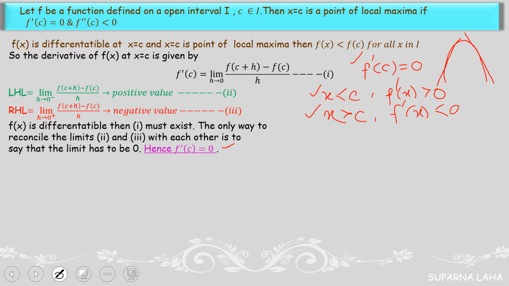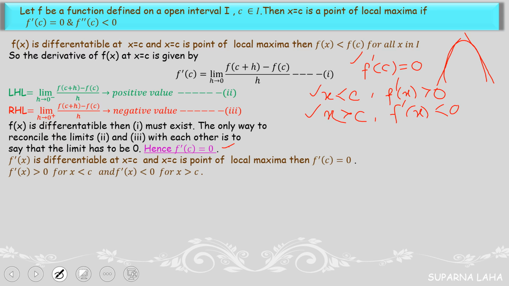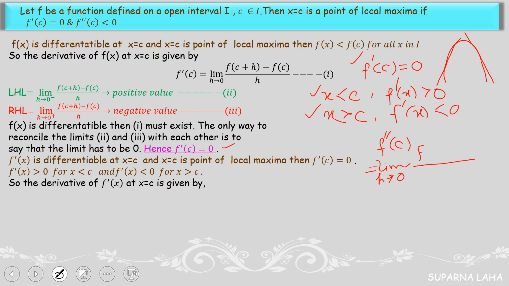If we apply the definition of the derivative, what will we find? We will find that f double dash c is given by limit h tends to 0 of f dash c plus h minus f dash c, by h.